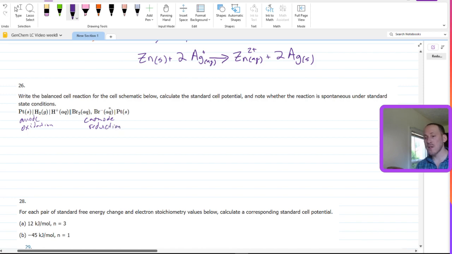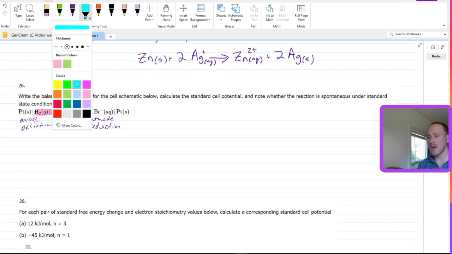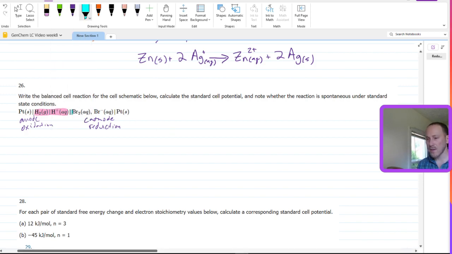Oh, interesting to note here that we're actually starting with a gas and oxidizing it to aqueous protons, hydrogen gas to aqueous protons on the anode side. And on the cathode side, we are reducing aqueous bromine, diatomic bromine, to aqueous bromide ions.